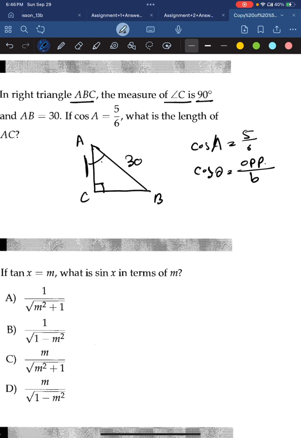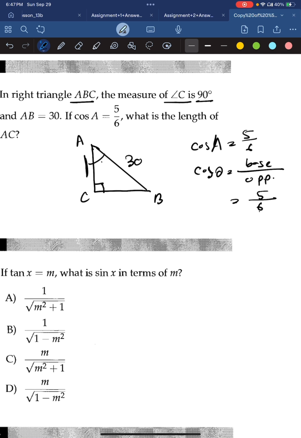Sorry, this should be base over the opposite, and it's given as 5 over 6. Now what do you know about the opposite? Opposite is 30.